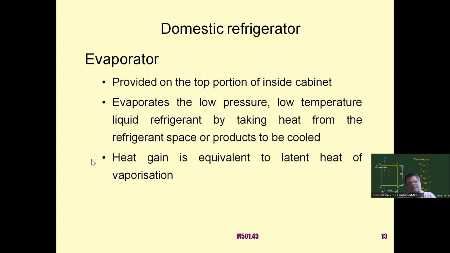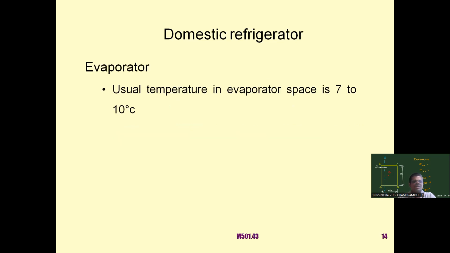The amount of heat absorbed is assumed to be equal to the latent heat. The usual temperature in the evaporator is 7 to 10 degrees, but in our modern refrigerators, it is further reduced.